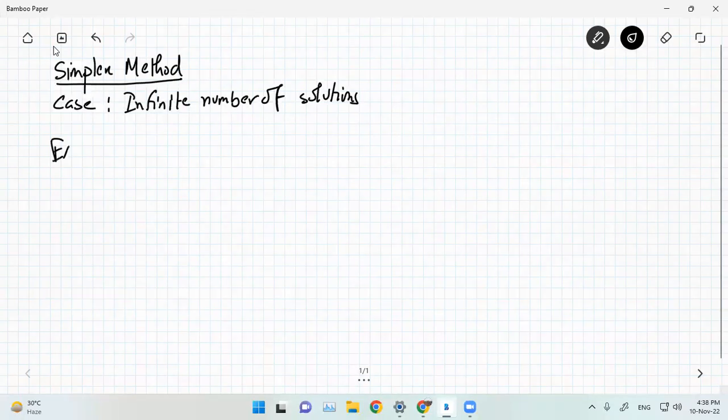Example 3.6. This is also a minimization problem.